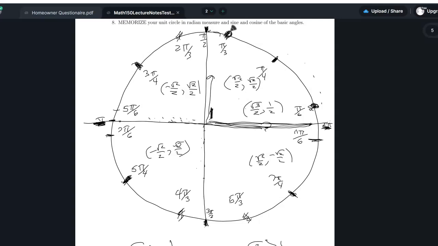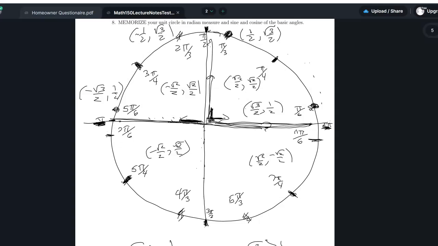Looking at this number right here, it looks like I'm moving small in the x direction and large in the y direction. So that gives us this point as a positive 1/2 and a positive root 3 over 2 for the y. This one here, I move small in the negative x direction and large in the positive y direction. So that's a negative 1/2, comma, root 3 over 2. And this point here, I'm moving large in the negative x direction and small positive in the y direction.